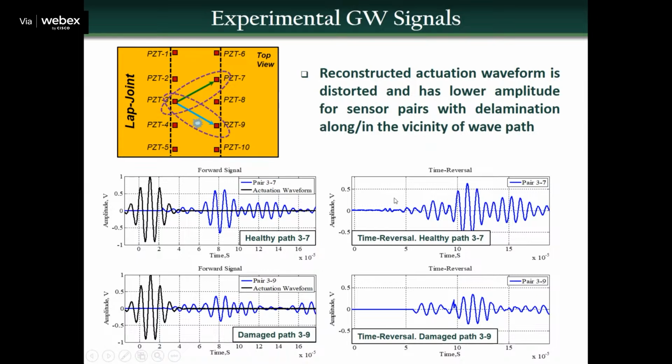And then when you calculate time reversal, you can clearly see the damage information is actually being embedded here. Of course, you also see the multiple wave modes and the reflection from the edges for the lap joint structure here, even for the healthy path. So it's not exactly the same as what you've seen in the original actuation waveform.